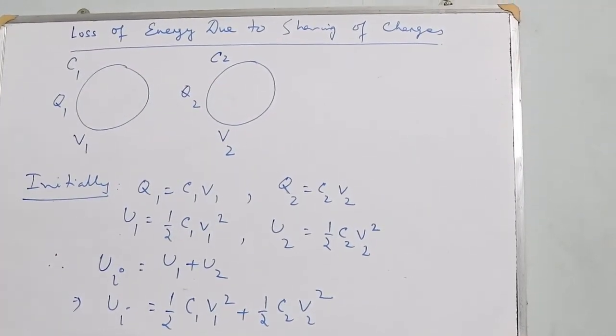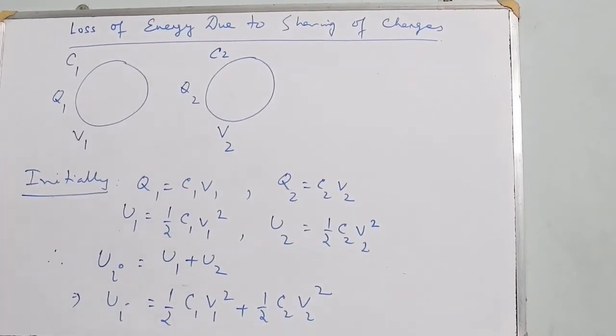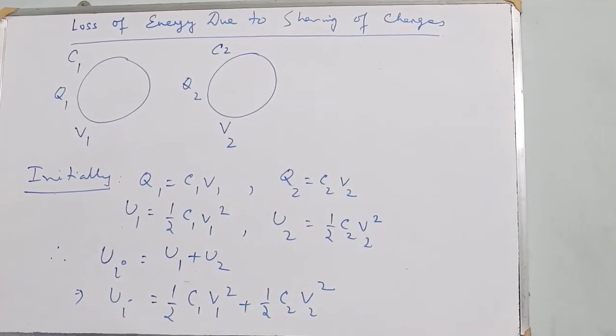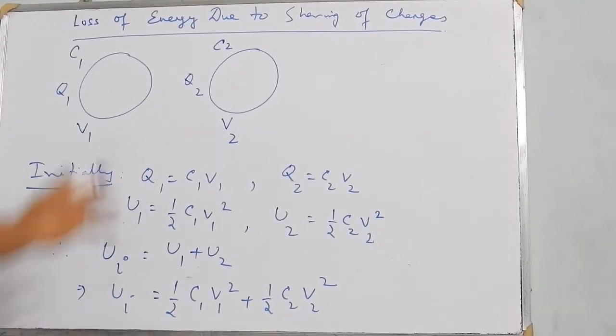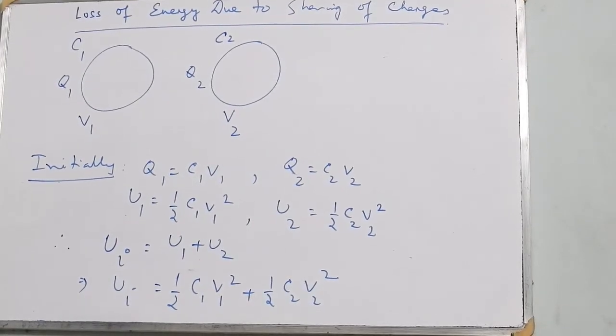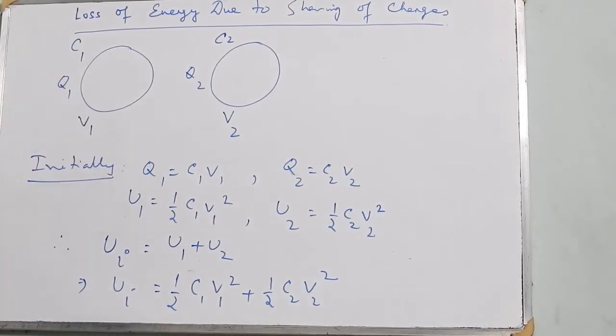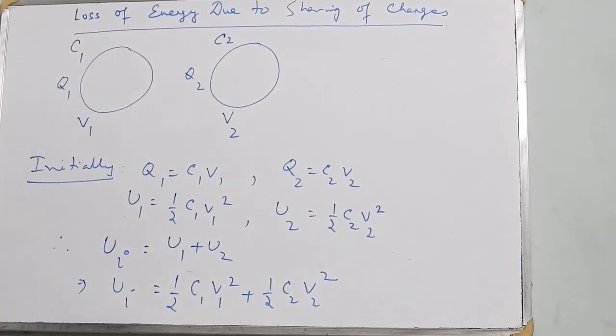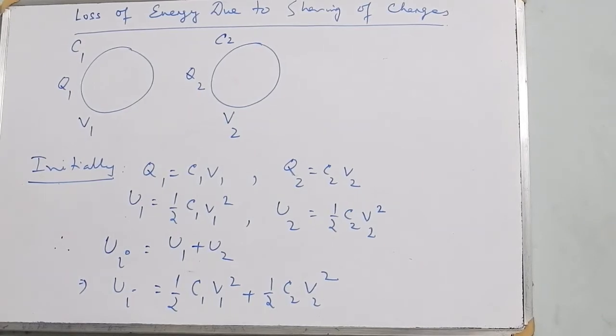So if we connect them by a conducting wire, charges will start to flow, and the flow will continue until both conductors achieve a common potential. And when they achieve a common potential, the charges become Q1 dash and Q2 dash. So suppose they are connected by a conducting wire.